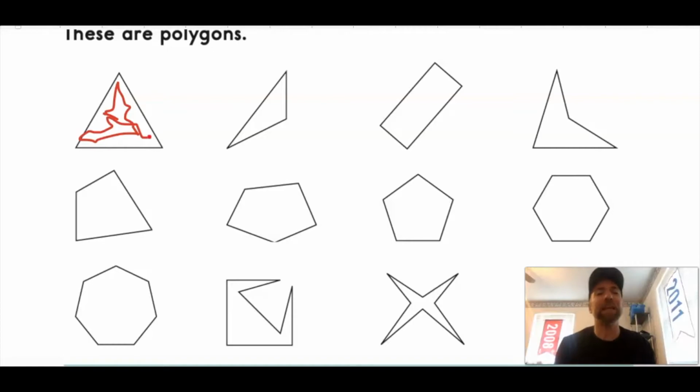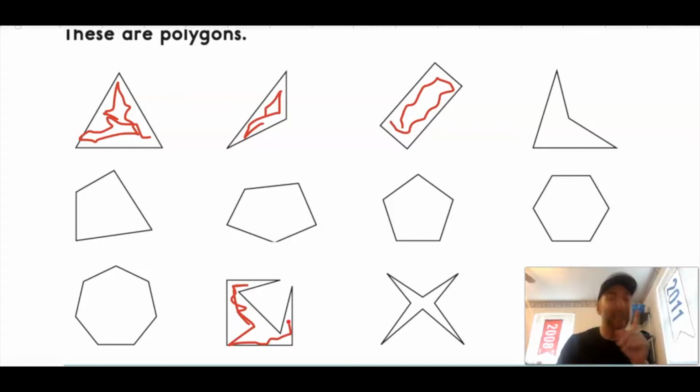I always think of it as if I had a puppy and I wanted to put a fence around the puppy. Well, the puppy can't get out because it's closed. And every one of these shapes here, if the puppy is inside of it, the puppy can't get out. It's closed. So a polygon must have straight sides and it must be closed.